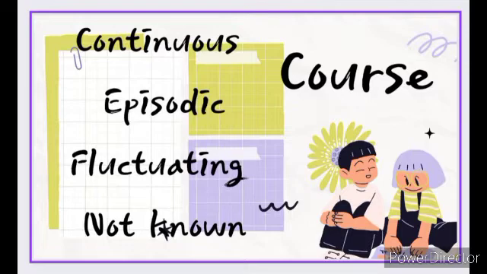Not all the time is he suffering from major depression, and not all the time is he suffering from mild or moderate depression. That means sometimes the person is very well, sometimes not very well.